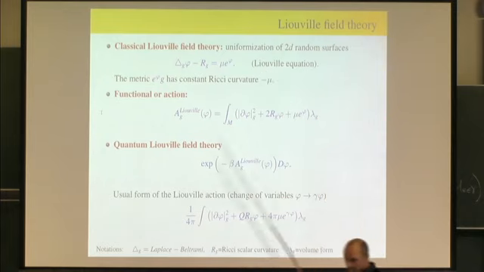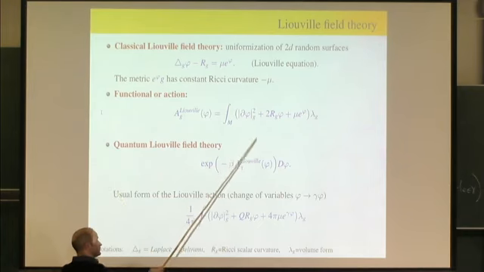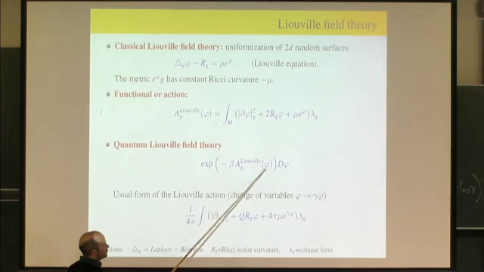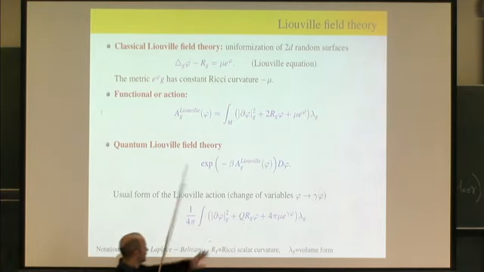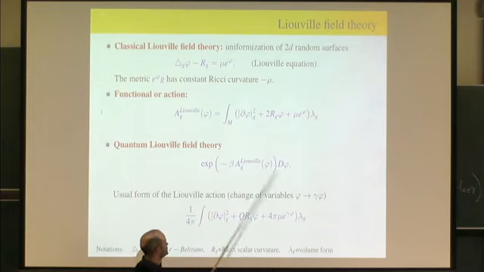Just for the purpose of this discussion, this form of the Liouville action is rather unusual. If you make a change of variable here, you get the standard form of the Liouville equation, and it is with this expression that I will work in the following. There is a change of variable from here to here.